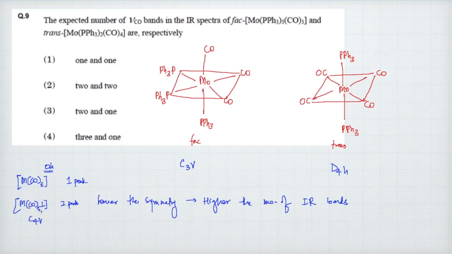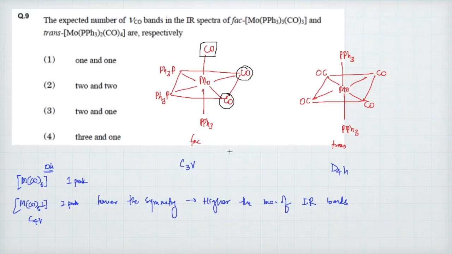So if you decrease the symmetry, the number of IR bands is going to increase. In the same way, in this particular case the symmetry is quite less, and that's why the number of bands should be more. Here the equatorial carbonyls are going to give you the same band, whereas the axial carbonyl is going to give you a different band.